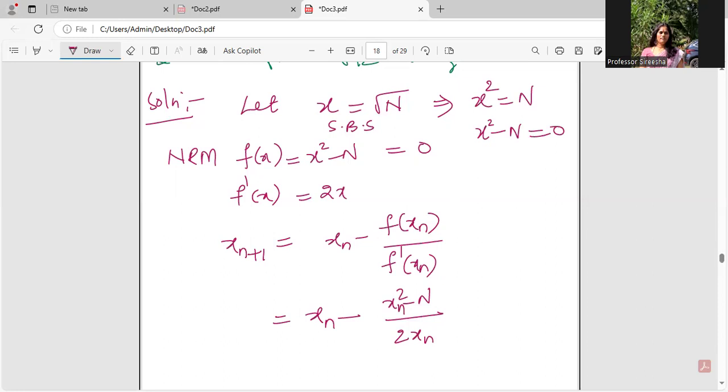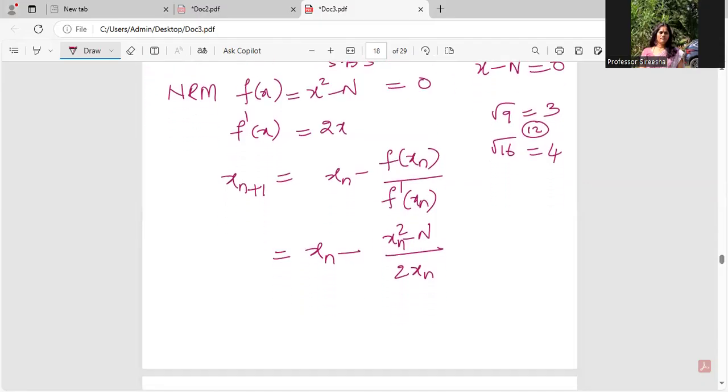Now you see, guys, what's the root of 9? Root of 9 is 3. Next, what's the number that has a square root? That is 16, right? It is 4. So between 3 and 4, only 12 can be there, right? So I will choose my interval to be 3 and 4. Any point I can take. Usually, for any problem, you will be given the initial approximation x0.